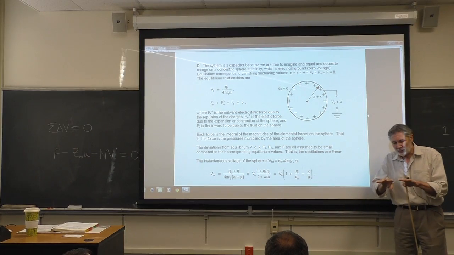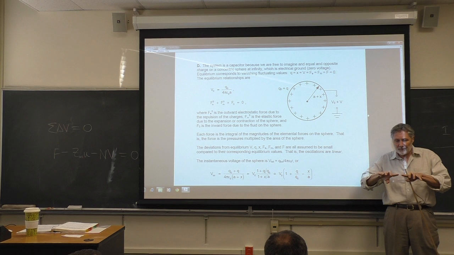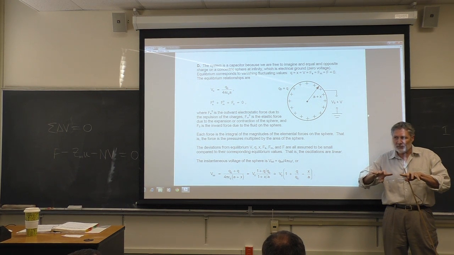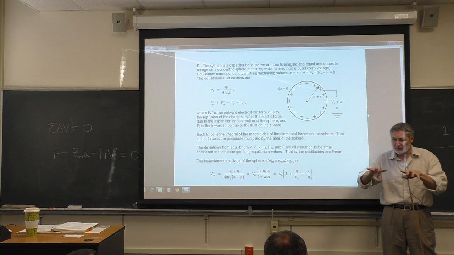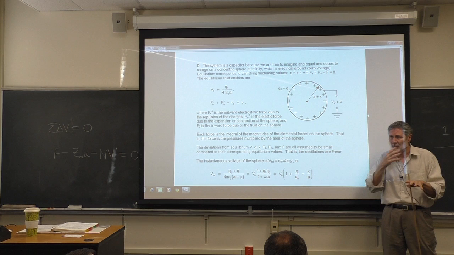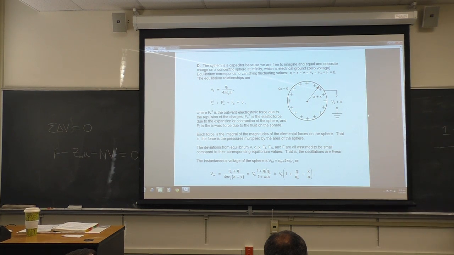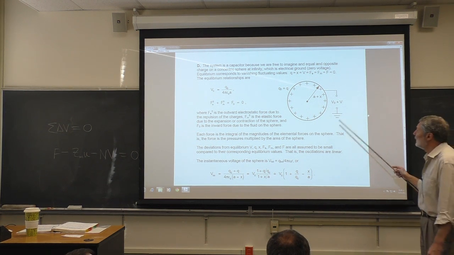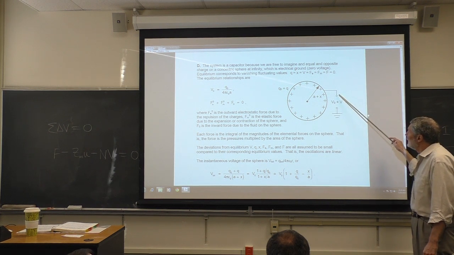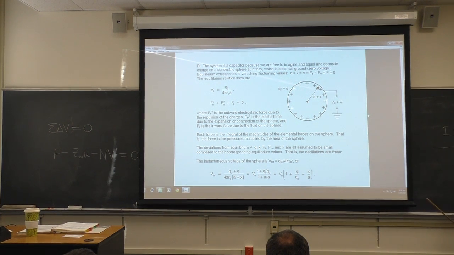Now, when you have a bunch of sensors, the wavelength doesn't necessarily have to be large compared to the size of your array. When you have an array of sensors, you all probably know this, but I want to say that. For a single sensor, it's almost always true that the wavelength is large, and that simplifies things, as we'll see. Okay, I'm getting way off track here. So this is the electrostatic transducer.